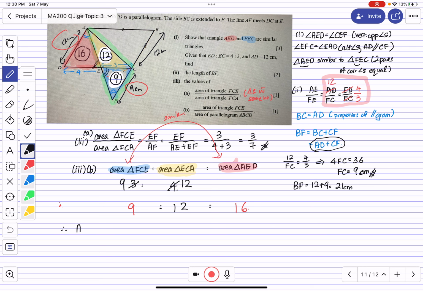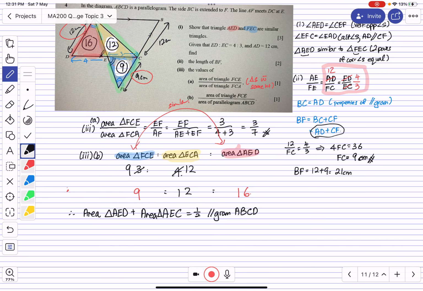Remember that the area of AED added to the area of AEC is half of the parallelogram ABCD. So ABCD can be represented by 2 times 12 plus 16 units, which is 56 units.